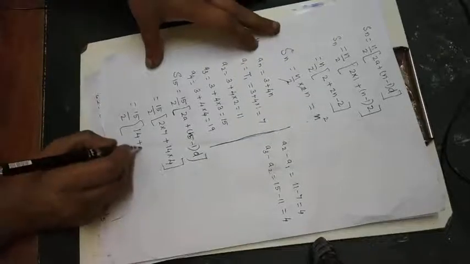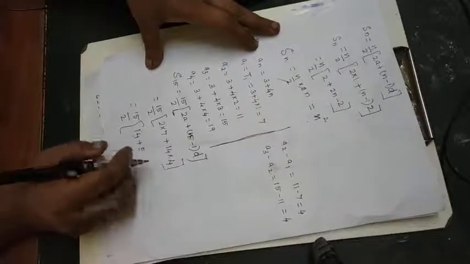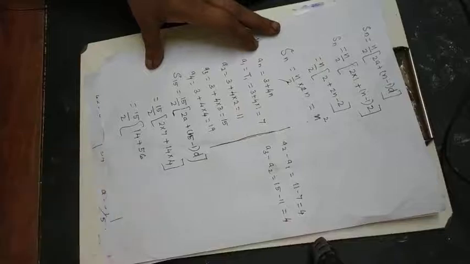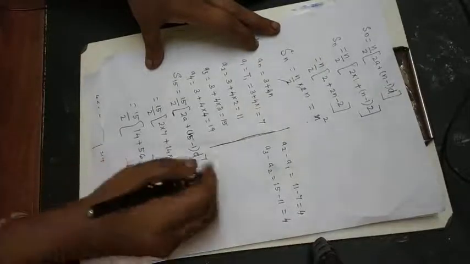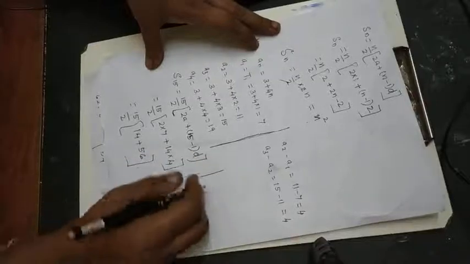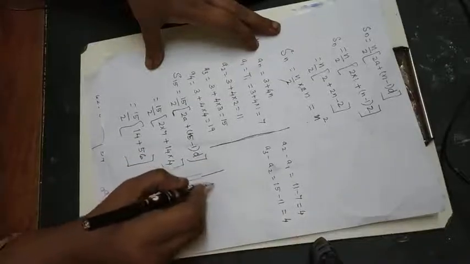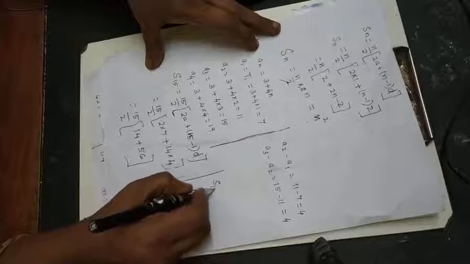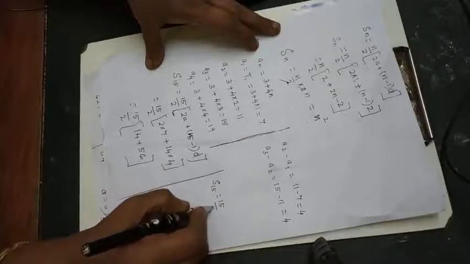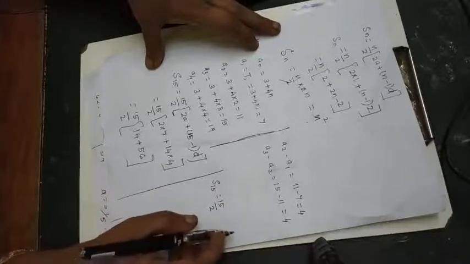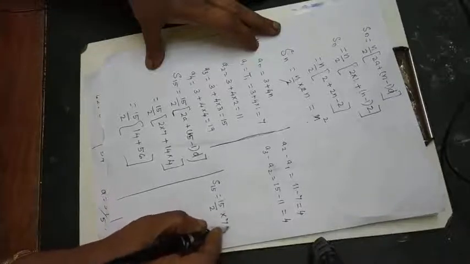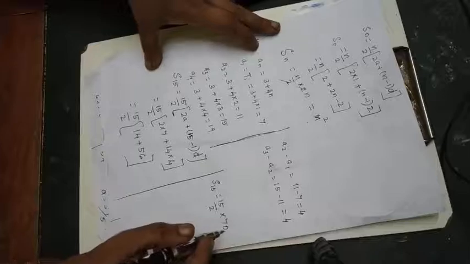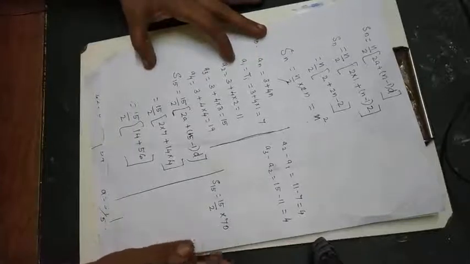So 14 into 4, 4 14s are 56 you will get. So 56 plus 14, so S15 will be equal to 15 by 2 into 70. 56 plus 14, 70.